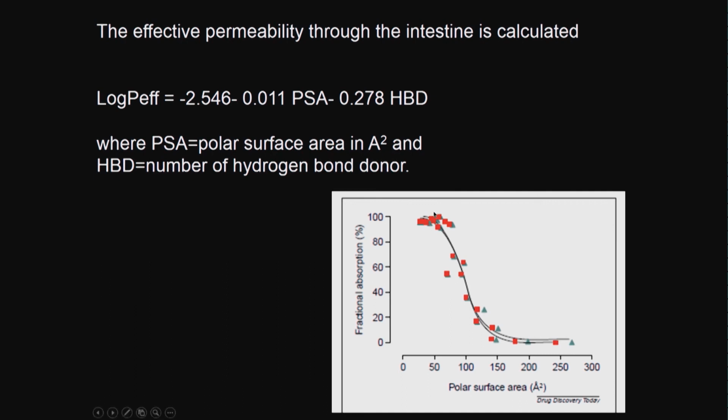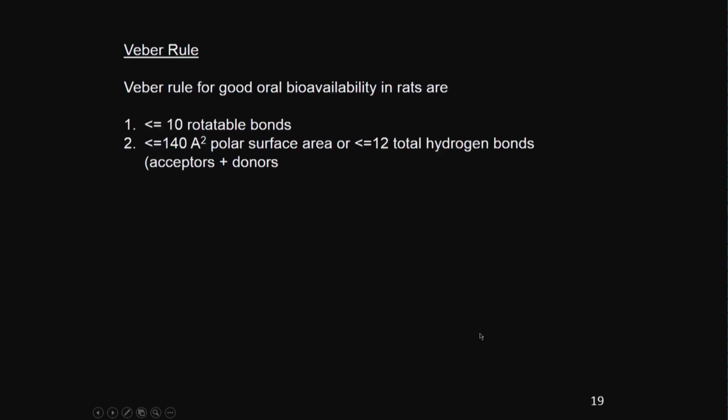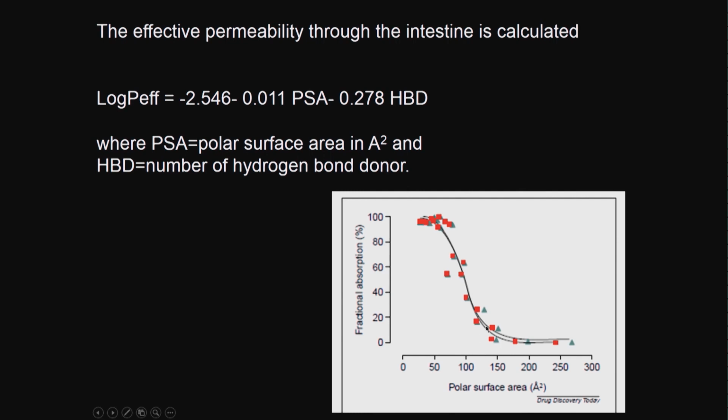The absorption fraction in the intestine is very, very high, and as the polar surface increases, that means it becomes more hydrophilic, then it dramatically falls down and it comes to a very low value when the polar surface area is above 140 angstrom square. That is why, as you can see in one rule, we said it should be less than 140 angstrom square, but ideally it should be less than 100, so that you have absorption of at least 50%.